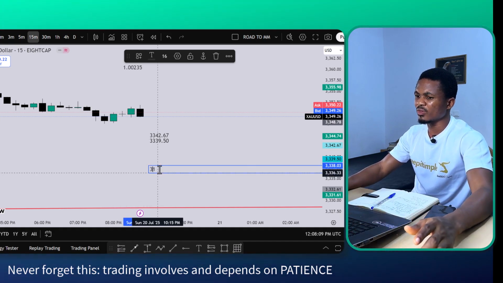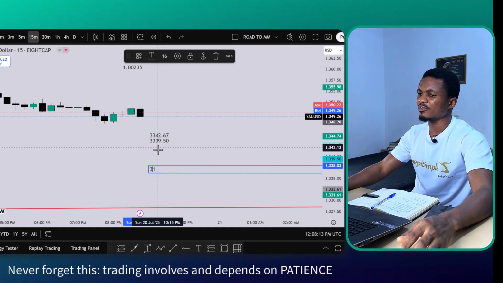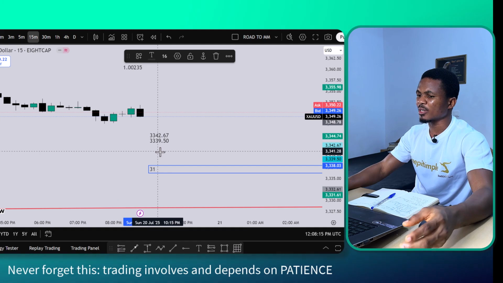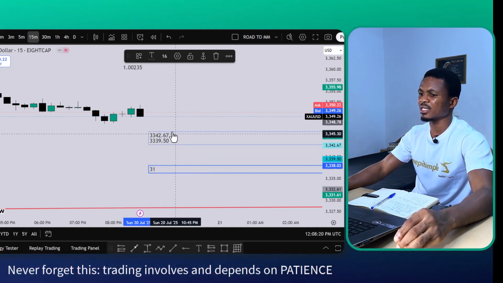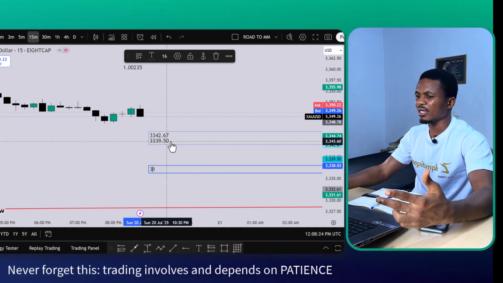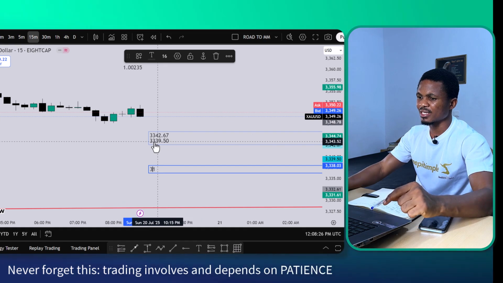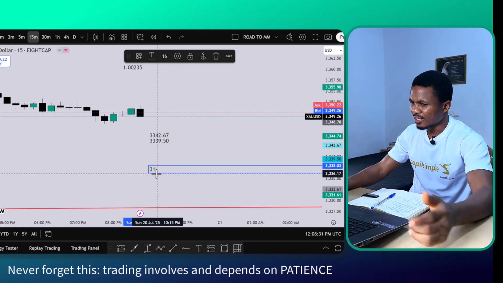So in total, you're going to have 31 pips. If you subtract this from this, you are going to get 31 pips. So if you do the simple math by subtracting the down value from the top one over here, you are going to get 31 pips.